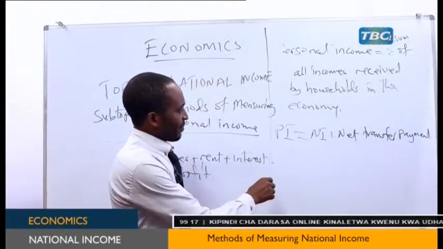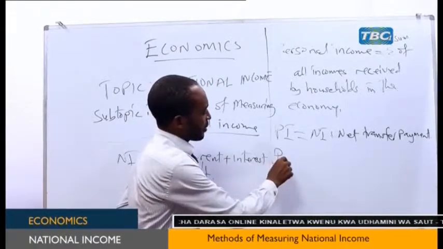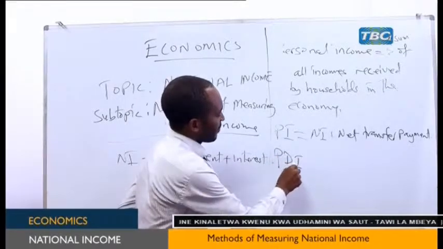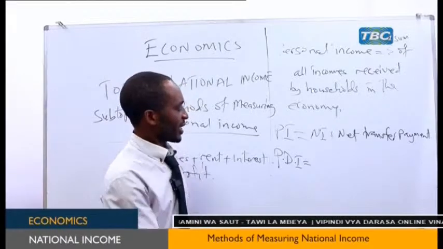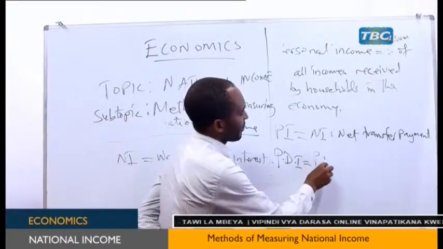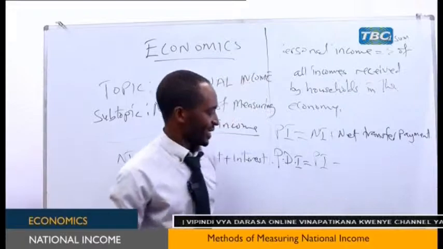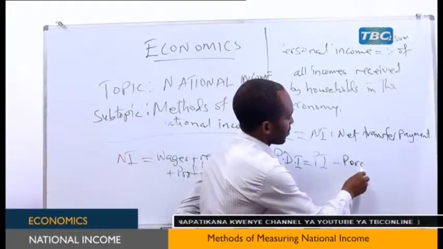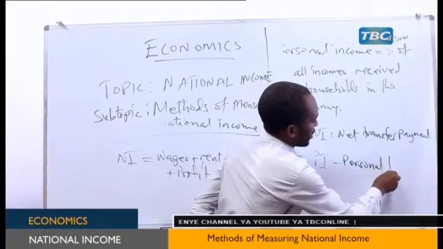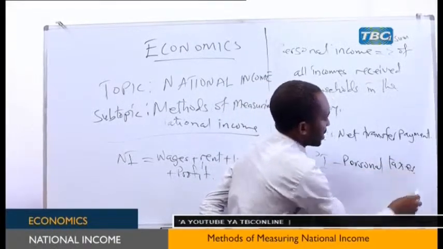And disposable income, personal disposable income. For personal disposable income, we take the personal income and subtract personal taxes.